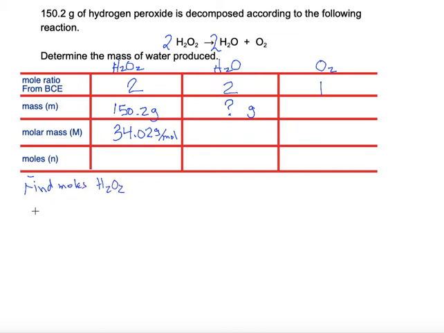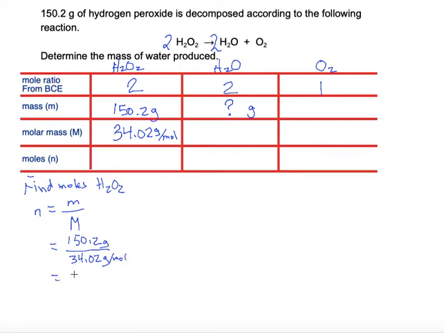To do that, moles is just mass divided by molar mass. So this would be 150.2 grams divided by 34.02 grams per mole.